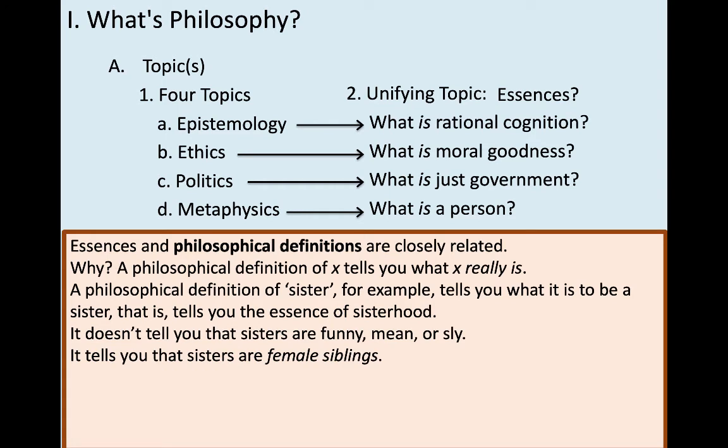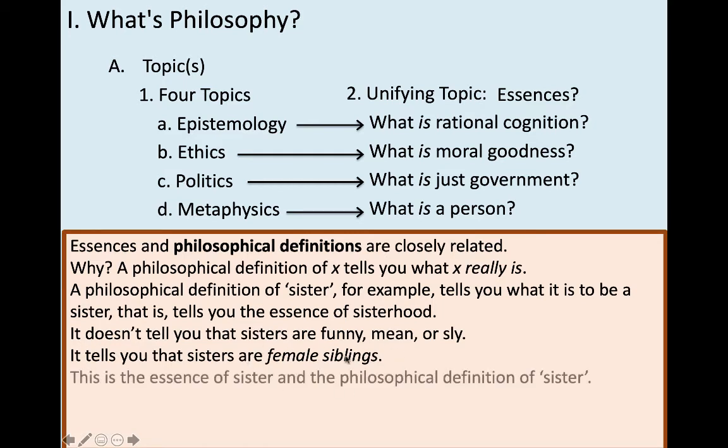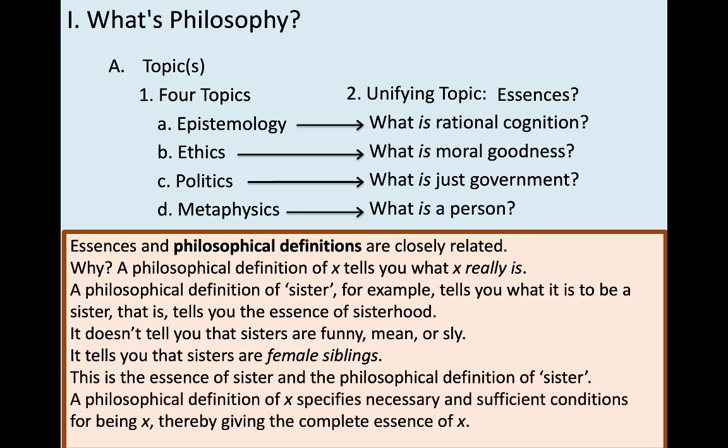It identifies the necessary conditions for being a sister, one necessary condition being female, the other being a sibling, such that when you conjoin them, you get a sufficient condition. This is the essence of sister, and it's also the philosophical definition of sister. A philosophical definition of X specifies necessary and sufficient conditions for being X, thereby giving the complete essence of X.